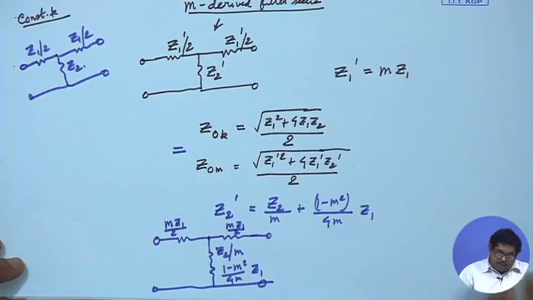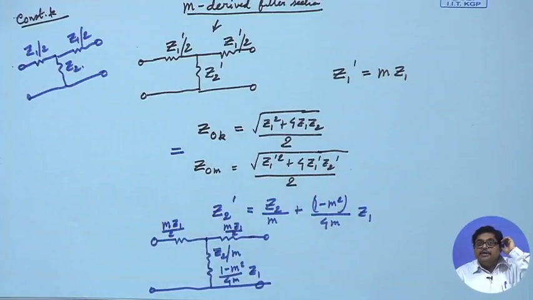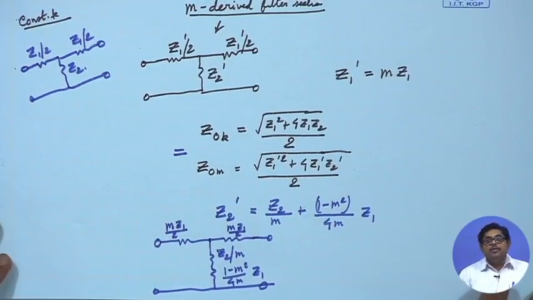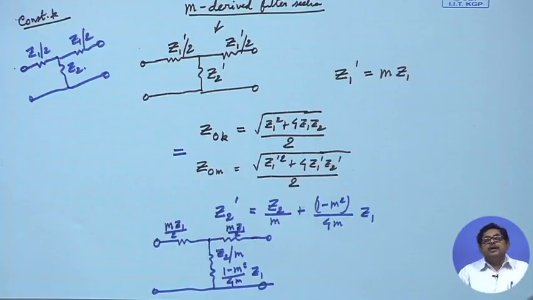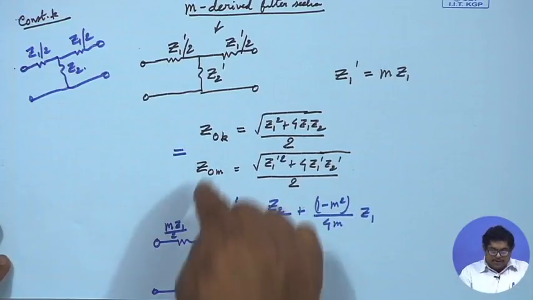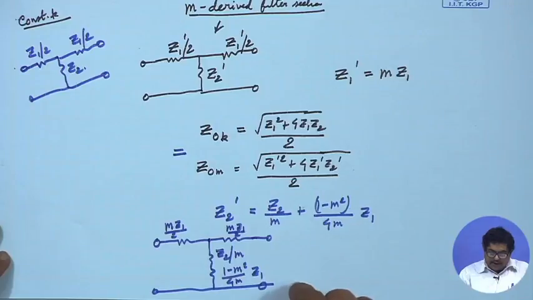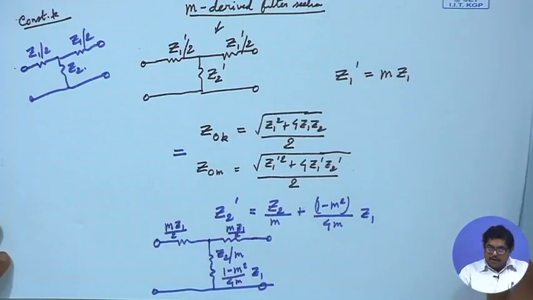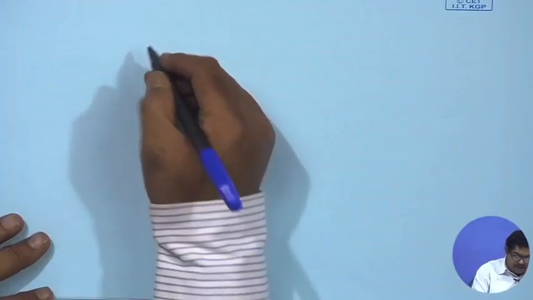So, we have seen the characteristic impedance. Now, we already know that a filter has two fundamental characteristics. One is the characteristic impedance, another is the propagation constant. Let us see what happens to the propagation constant in this case.